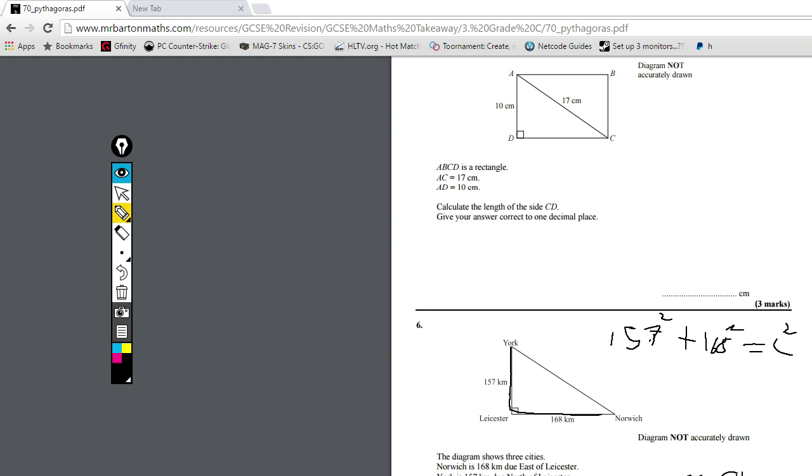So we round the 9 up, because it's above 5, and we're going to get 230 kilometres. And there you are, it's 230 kilometres from Norwich to York, and that is how you work out Pythagoras theorem.